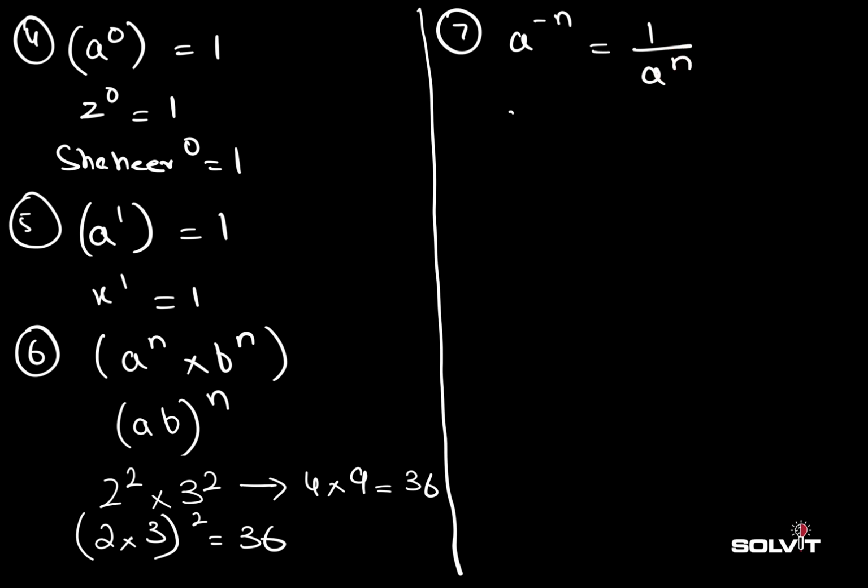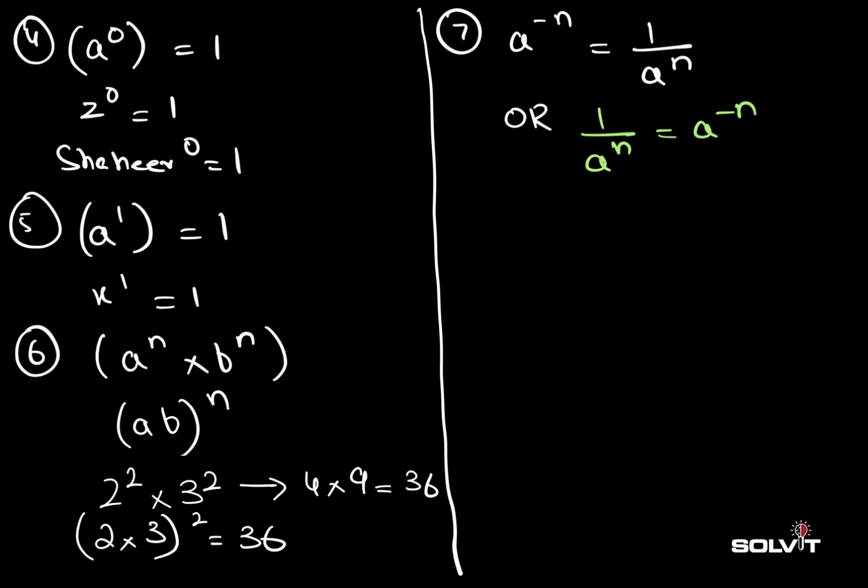And if it's written 1 upon a to the power of n, this would be equal to a to the power of minus n. Whenever a base is being reciprocated, the sign of the power changes. What I am saying is that whenever I bring the base from the denominator to the numerator, or from the numerator to the denominator, I'd be changing the sign of the power.